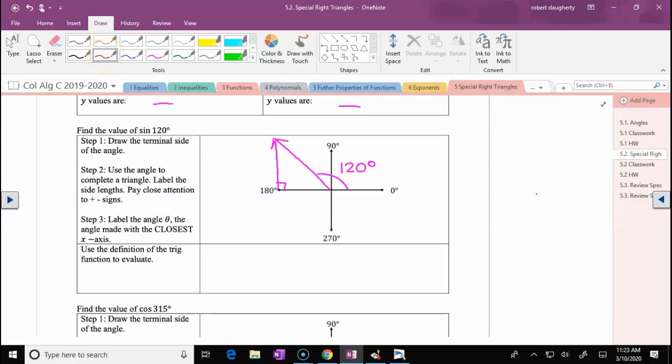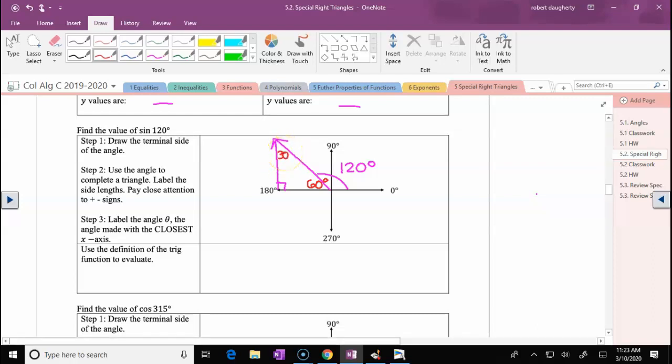What is this angle right here? Not 30. Nope. Here's 120. What do you have to do for 120 to make it 180? It's what? 60. That angle is 60. Okay. If that angle is 60, what is this angle up top? This angle is 30. Okay.